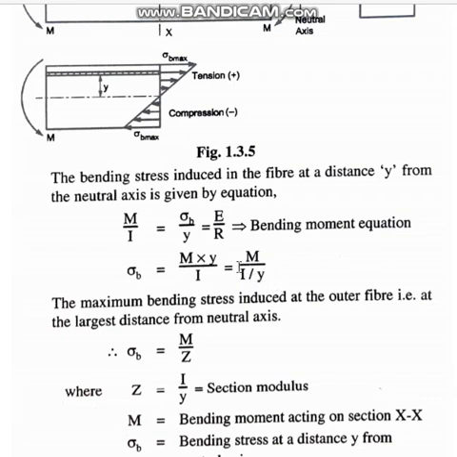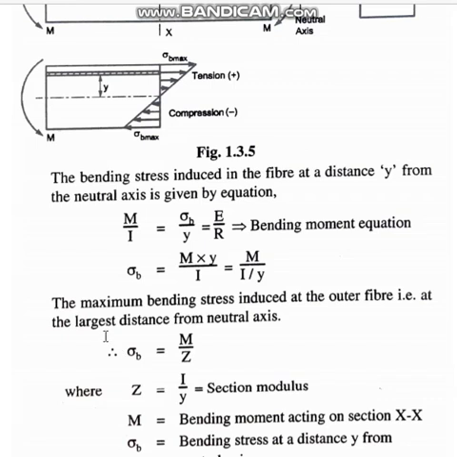Later on we will see that this I by Y term is replaced by a term called Z, a section modulus. So sigma B, that is bending stress, will become M by Z, that is bending moment upon section modulus. So this is the formula.